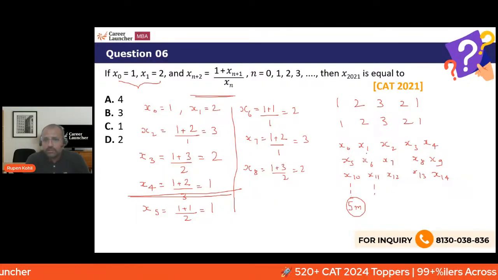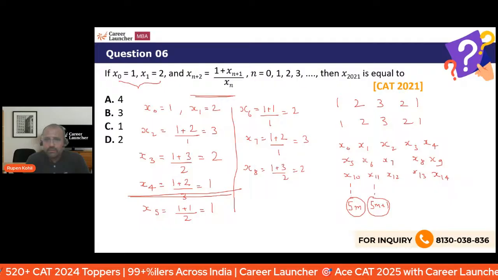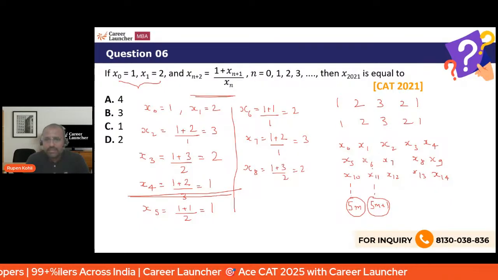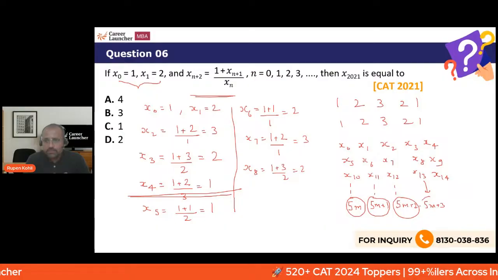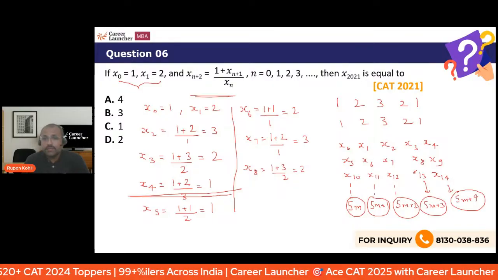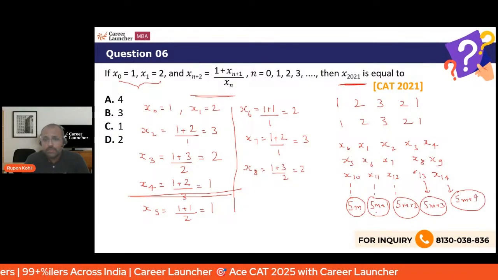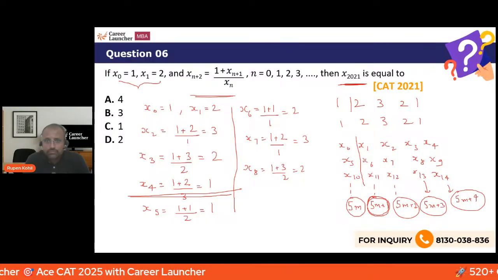If it is a multiple of 5 plus 1, then your term is 2, right? 0, 5, 10 are multiples of 5; 1, 6, 11 are multiples of 5 plus 1; 2, 7, 12 are multiples of 5 plus 2; then multiples of 5 plus 3, multiples of 5 plus 4. So you have to identify what remainder your term number gives when divided by 5. 2021 is a multiple of 5 plus 1, so it should be this term, which is 2, right?